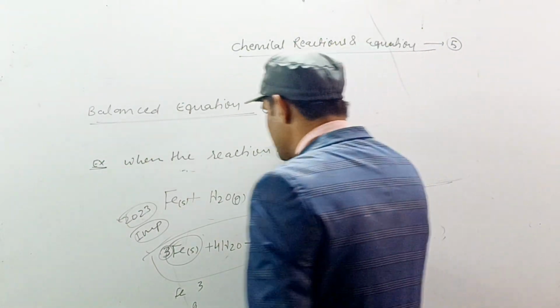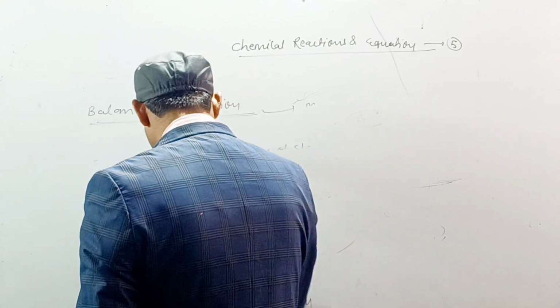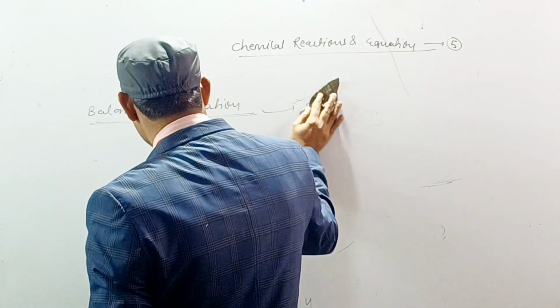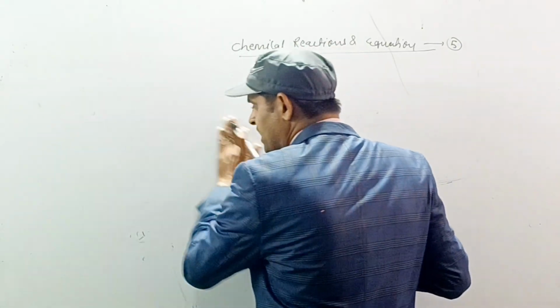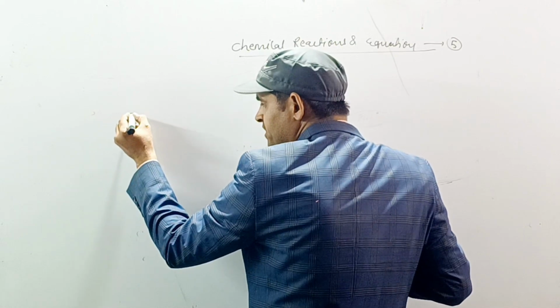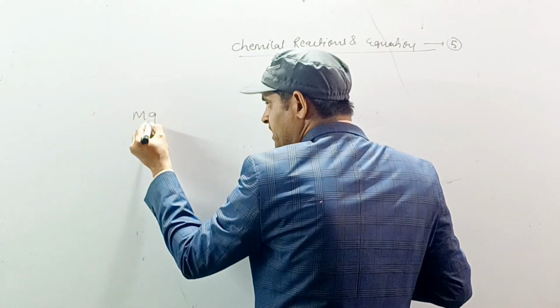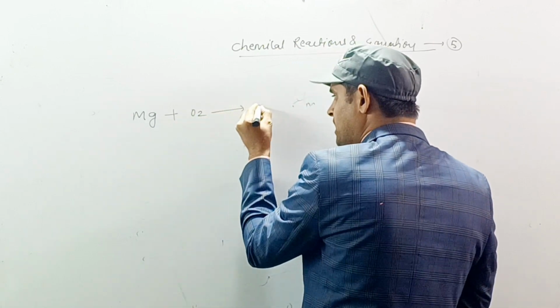And now I will give you a question for classwork. You should solve the chemical equation. I will give you an imbalanced equation, according to the examination: magnesium and oxygen gives MgO.